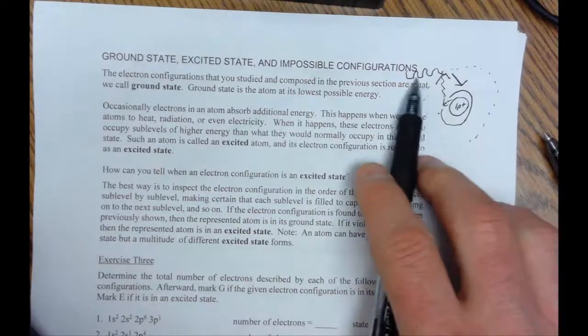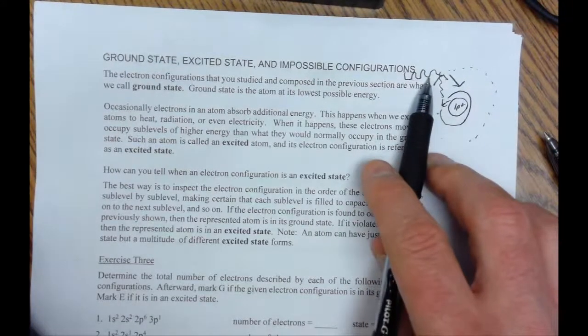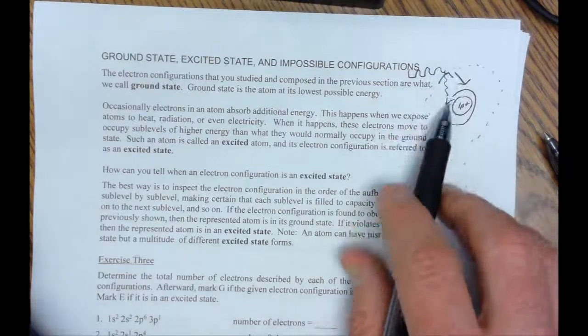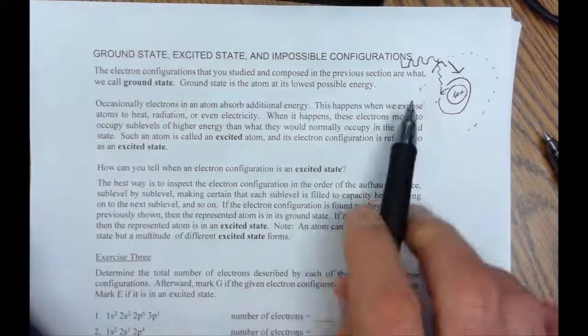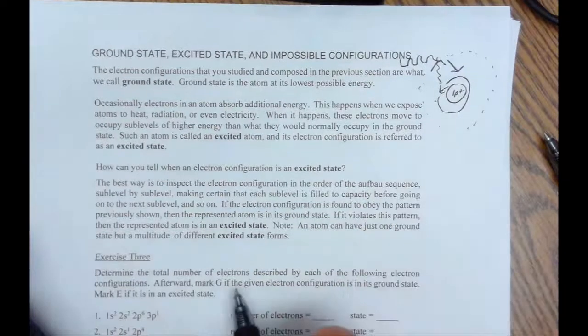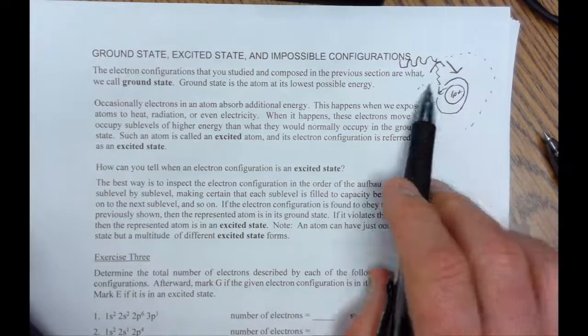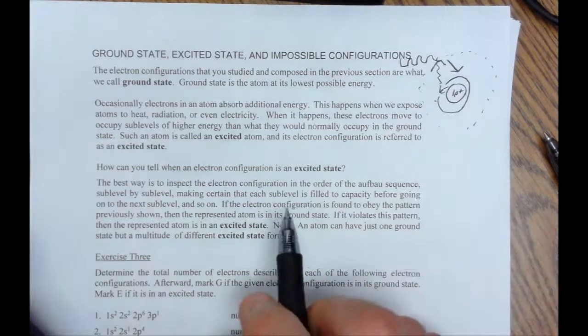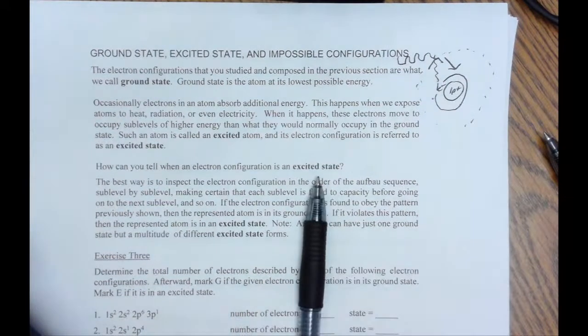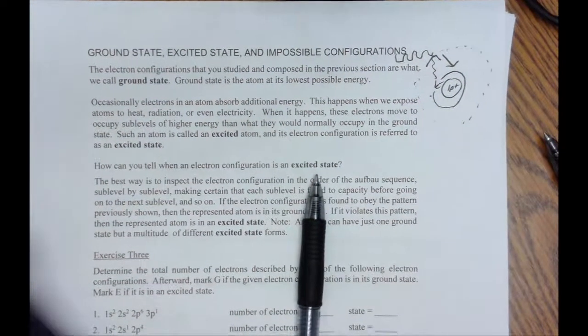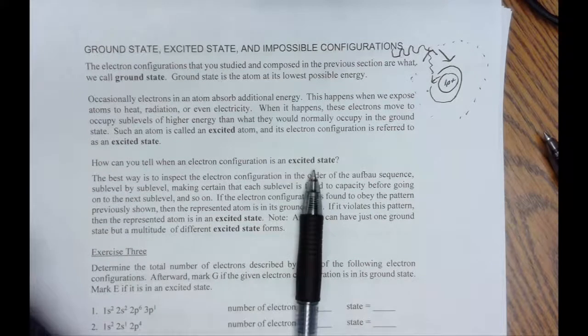Now, the wavelength of that electromagnetic radiation depends on which level it's dropping down to. If the electron drops back down to the first principal energy level, then it emits UV radiation. If it's dropping down to the second principal energy level, that's visible light.